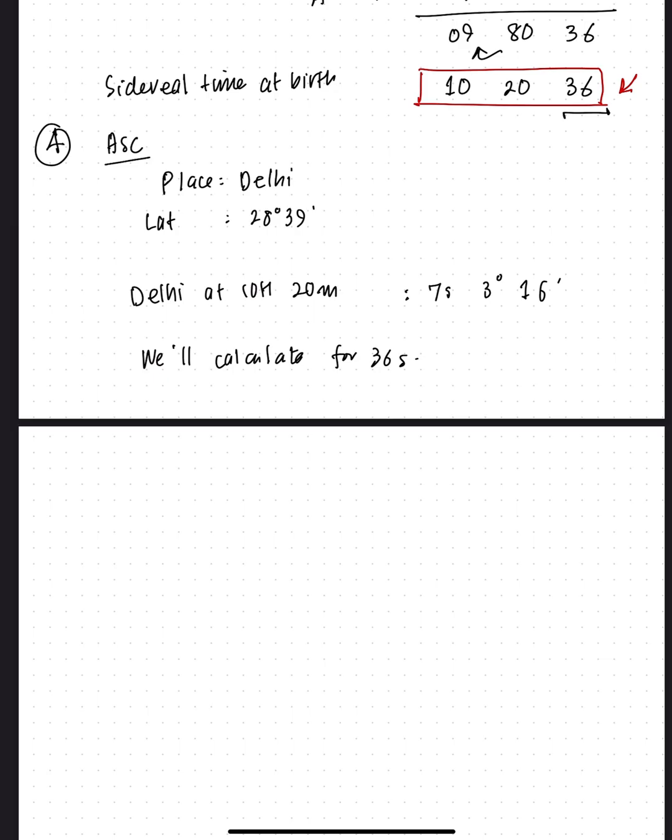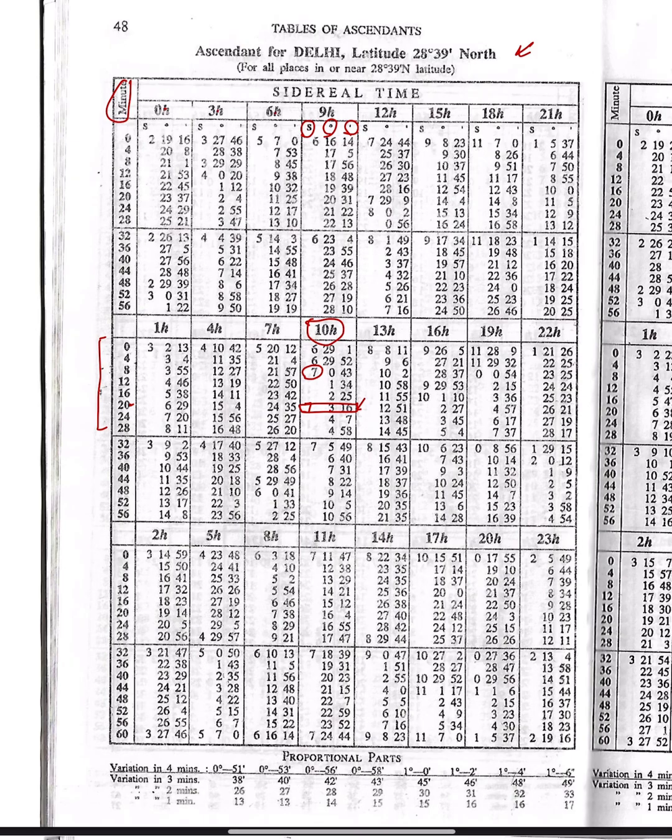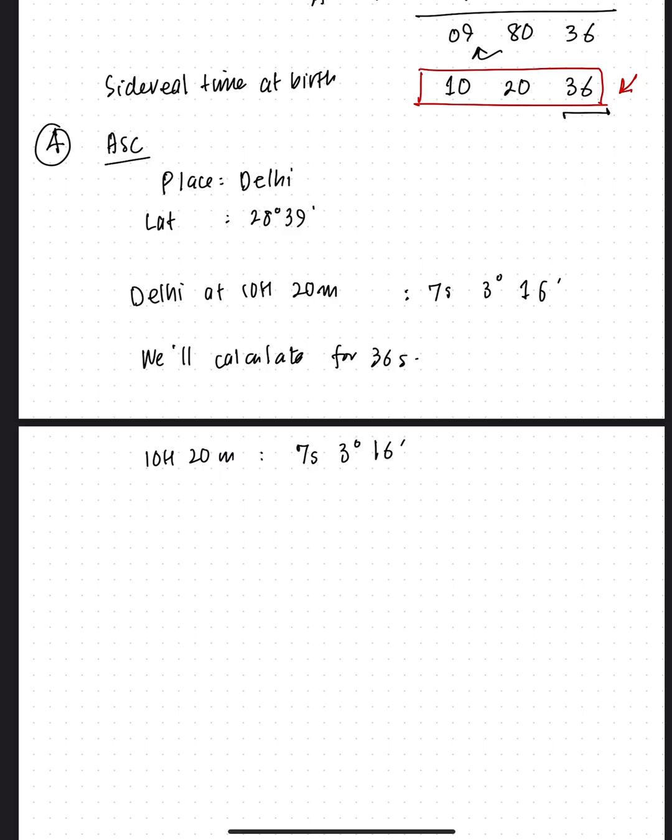Okay, so if you see that for 10 hours, 20 minutes, we have 7 signs, 3 degrees, 16 minutes, right? Okay, what about 24 minutes? We have again 7, 4 degrees, 7. Okay, I'll just write it here. At 10 hours, 24 minutes, we have 7 signs, 4 degrees and 7.